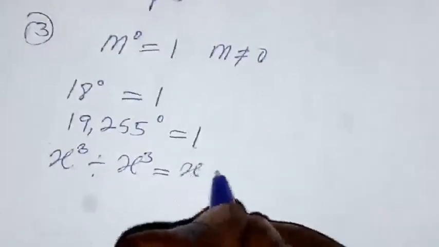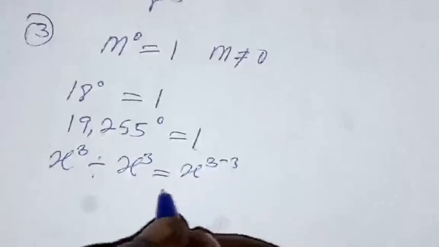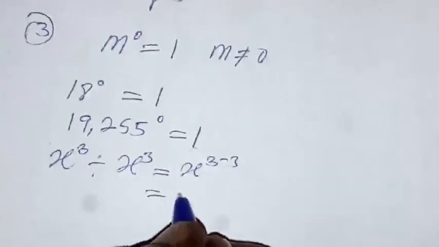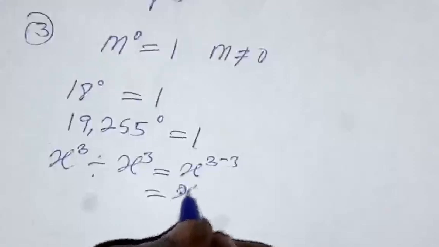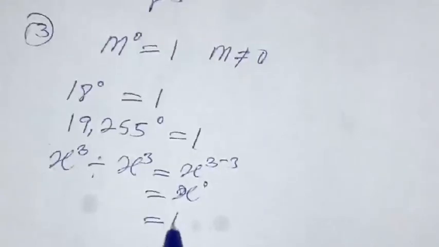Then we are going to take just one base and subtract the power, 3 minus 3. This is going to give me x power of 0, and anything power of 0 according to the zero law is 1.